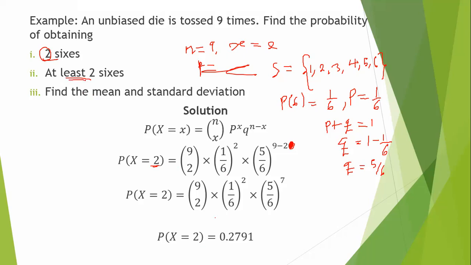Probability of obtaining at least 2 6's. So which values would best suit this, at least 2 6's? Which values of x shall we consider?